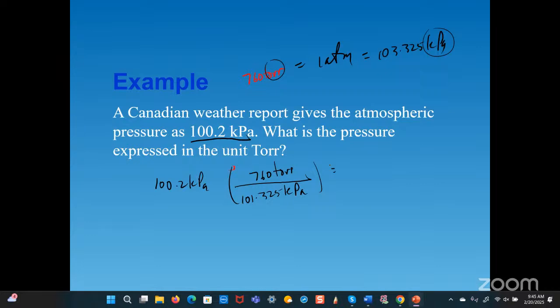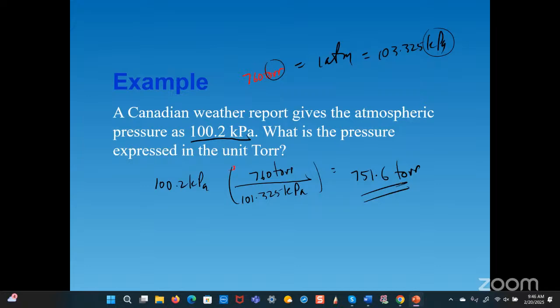So 760 divided by 101.325. And according to my calculation, when rounded off to 4 figures, that would be 751.6 torr. So that would be the equivalent value in torr. All right.